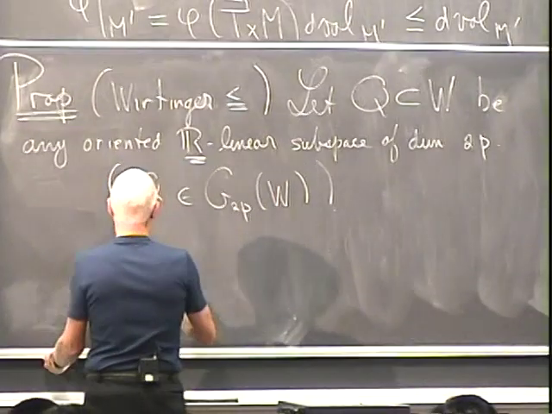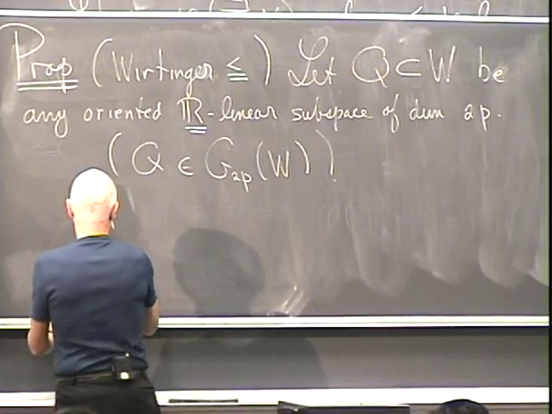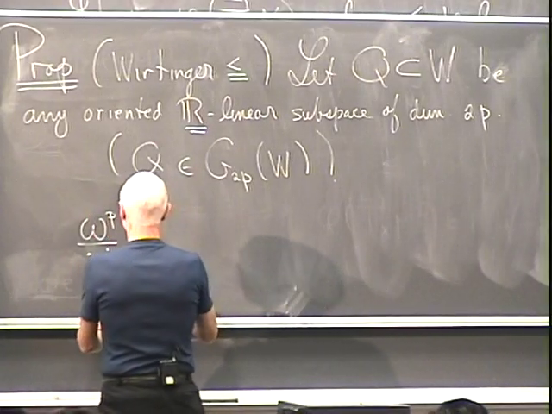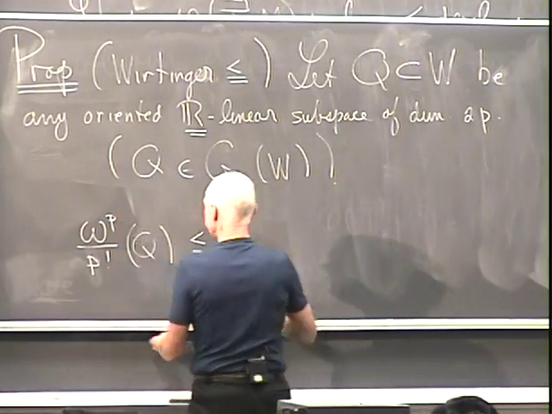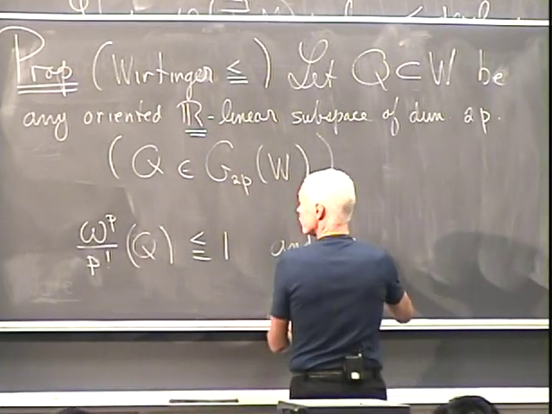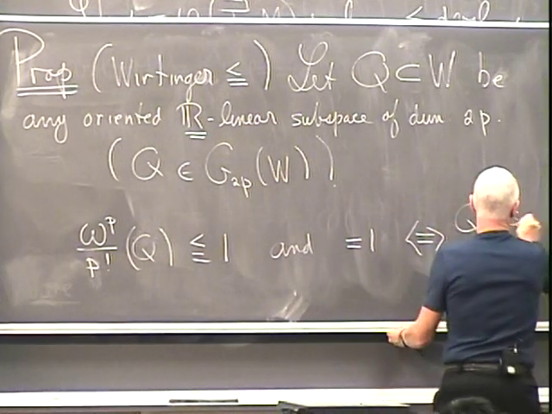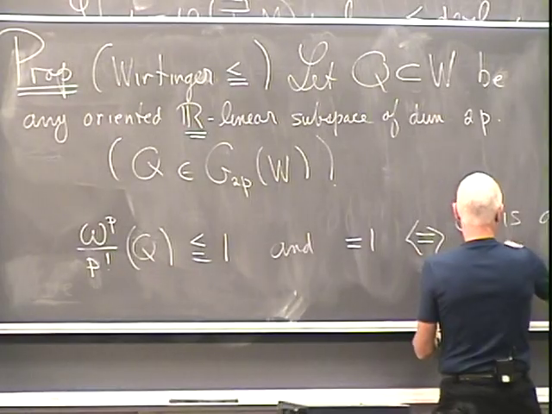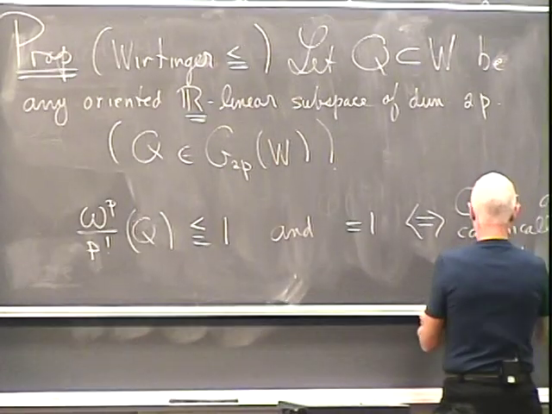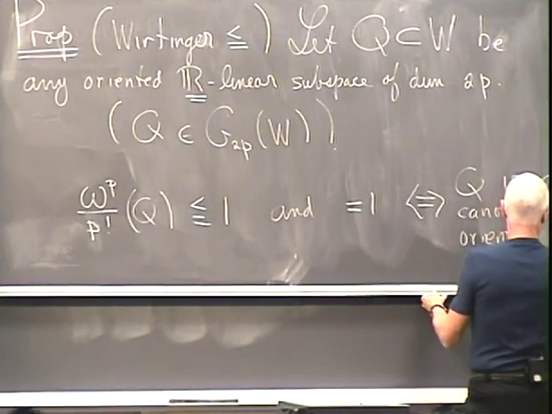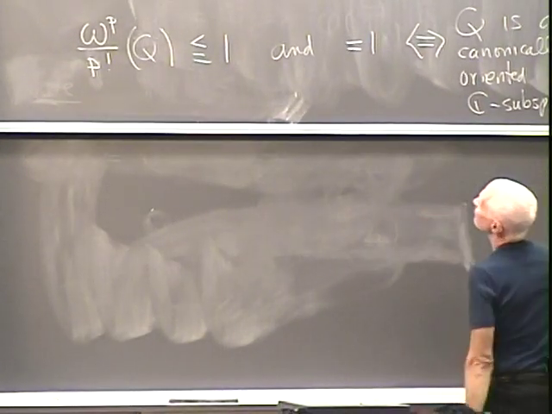Then omega to the power p divided by p factorial, which has comass 1, applied to Q is less than or equal to 1, and equality holds if and only if Q is a canonically oriented complex subspace of complex dimension p.